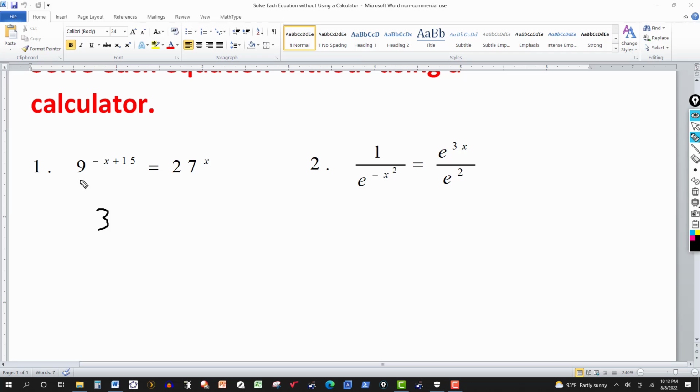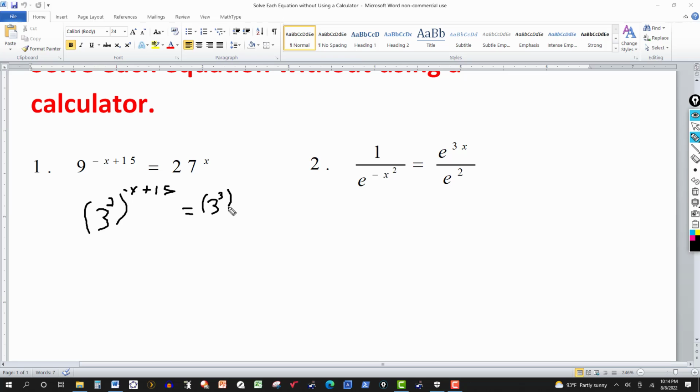So I'm going to write the 9 as 3 squared. 3 squared is 9. So I'll rewrite this as 3 squared to the power of minus x plus 15. On the other side, 27 is the same thing as 3 to the third.